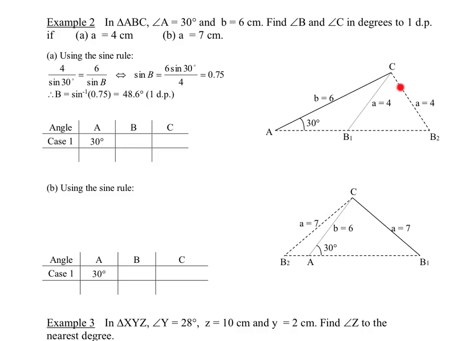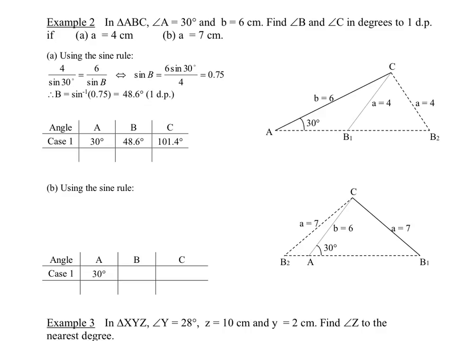So our triangle is going to have an angle B of 48.6 and an angle C of 101.4, so that they all add up to 180 degrees.